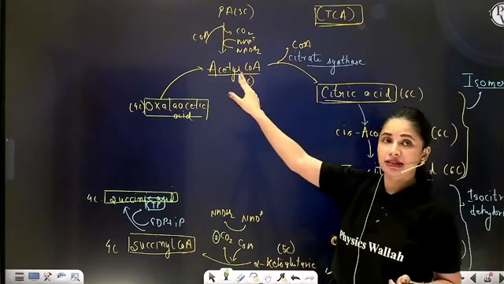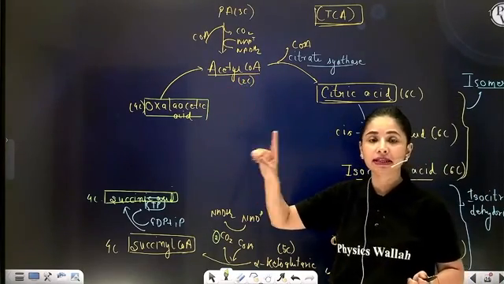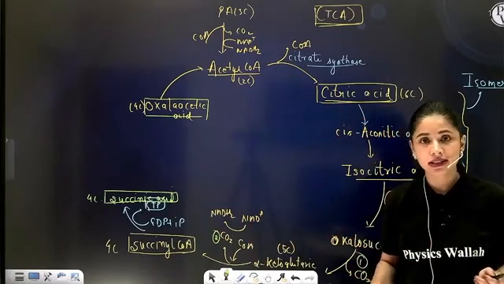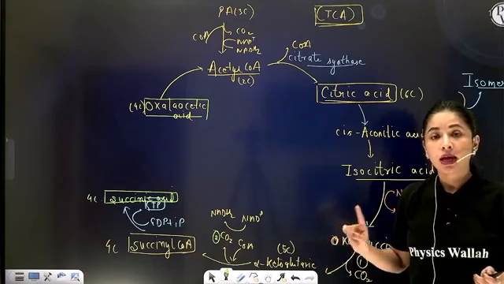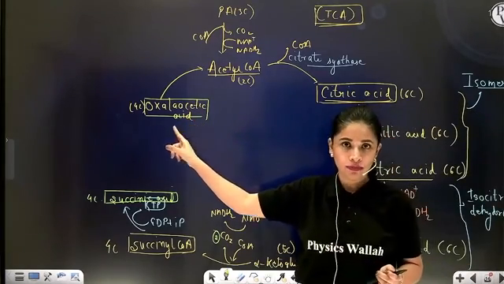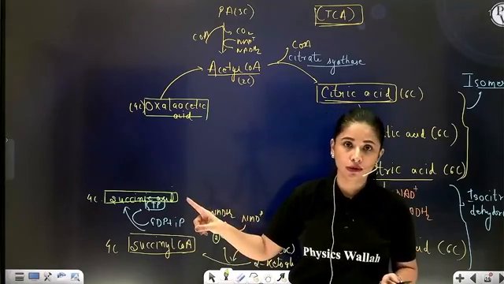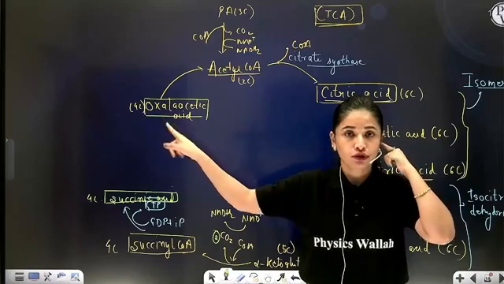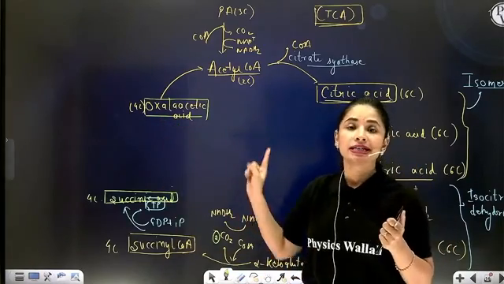The 2 carbon of acetyl coenzyme A, I am repeating, please listen. The 2 carbon of acetyl coenzyme A you have already oxidized to produce CO2. Now the 4 carbon which are left are actually of OAA. We cannot remove them in the form of CO2. Why? Because we want to regenerate this compound to maintain the continuity of the cycle.